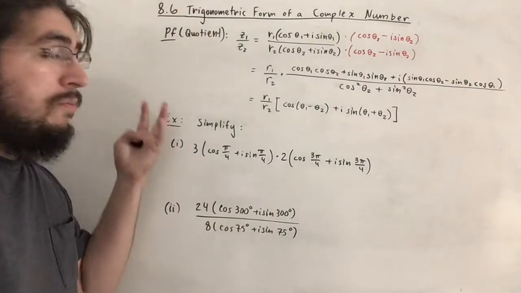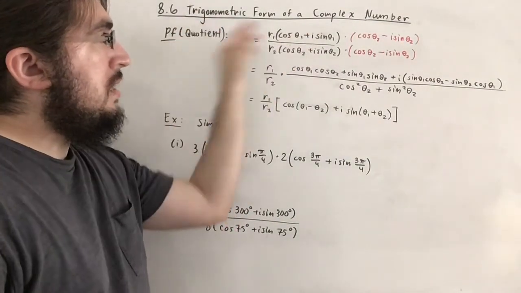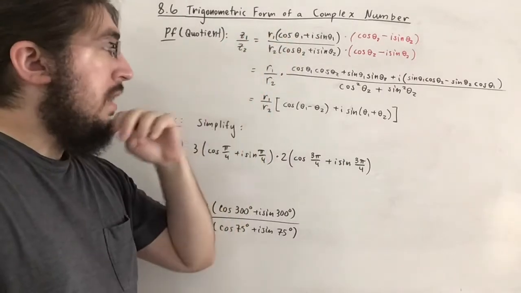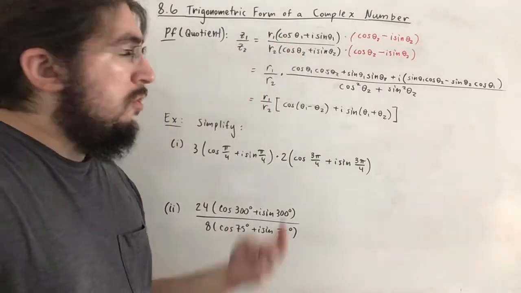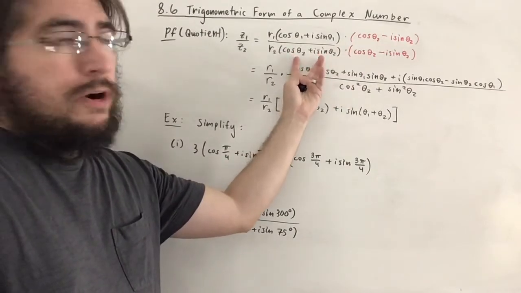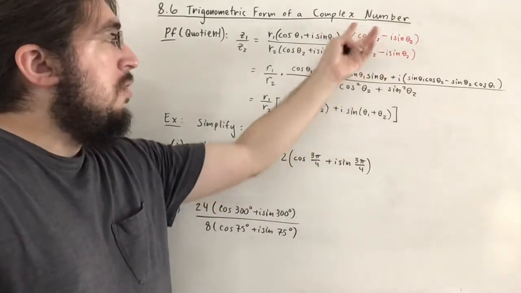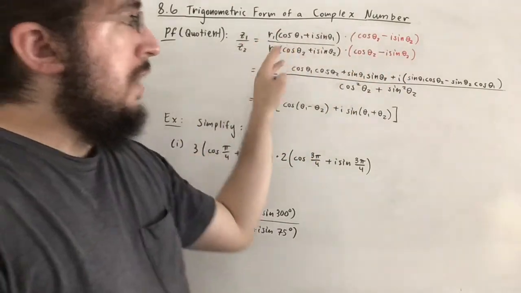Right, so for the proof here of the quotient property, we saw z1 over z2 is this. Notice I'm just replacing it with their polar or trig form counterparts, multiplying top and bottom by the conjugate of the bottom factor, which is just cosine theta 2 minus i sine theta 2. We end up getting this, and if we FOIL out the top, you get this.